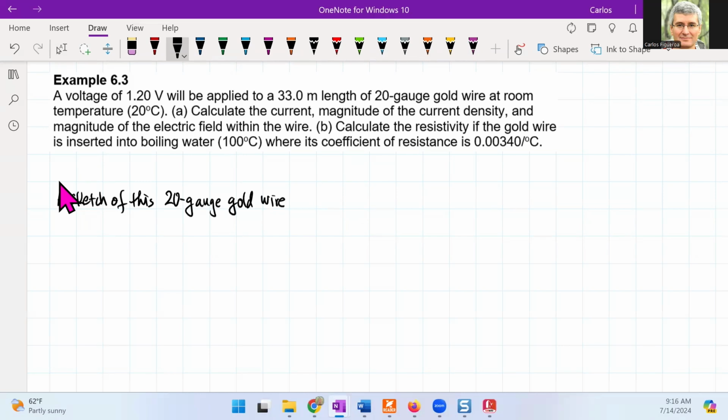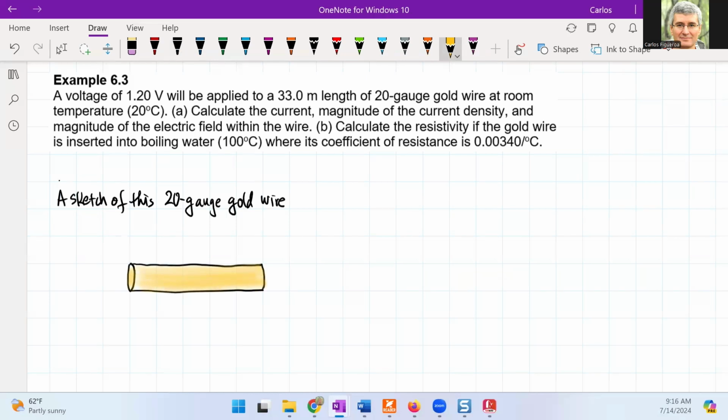I imagine that I have my wire that's going to look like this. And if we imagine that it's just a physical wire, then we know, of course, that if it's gold, it's going to have this gold color.